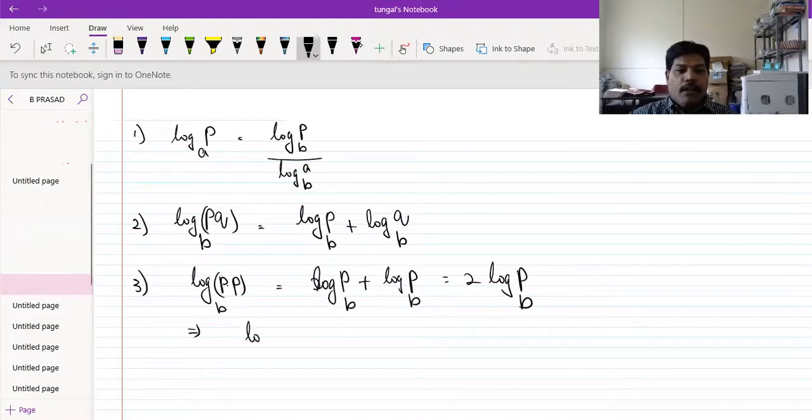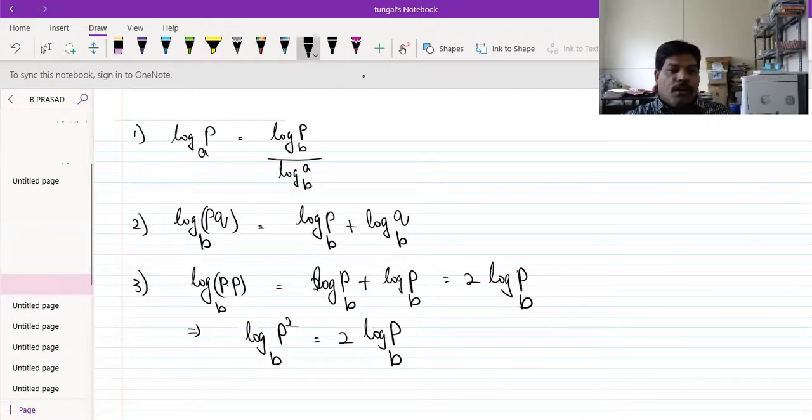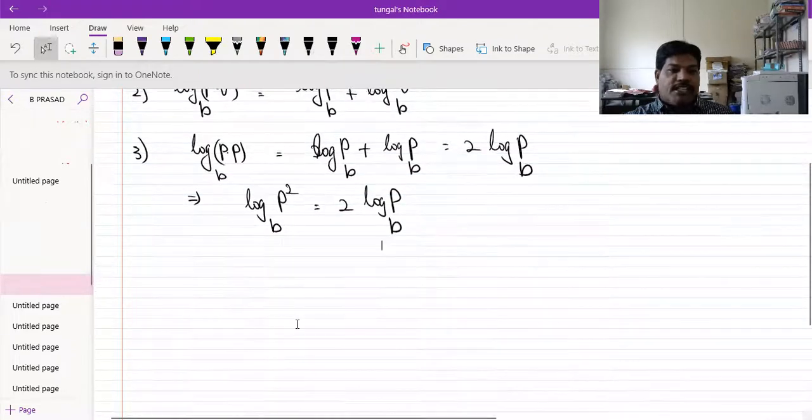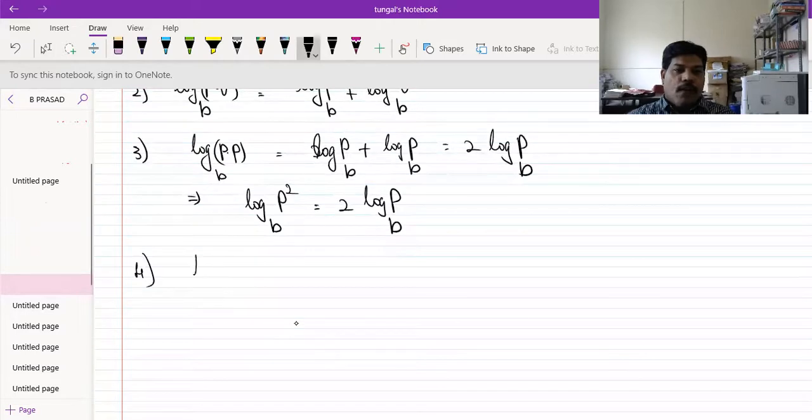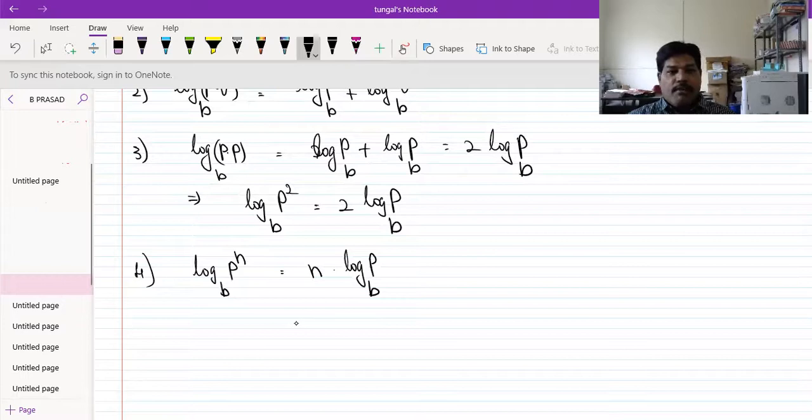You will get log of P square base B is equal to 2 into log P base B. And also, if we increase these values, log of P into P into P and so on for n times, it will become P power n base B. So it can be written as n log P base B.